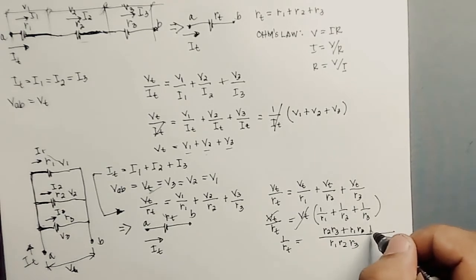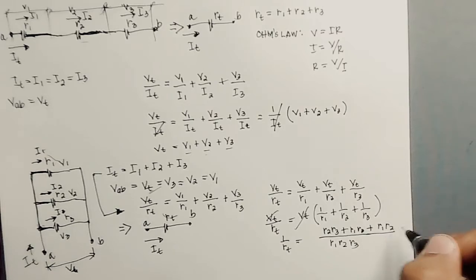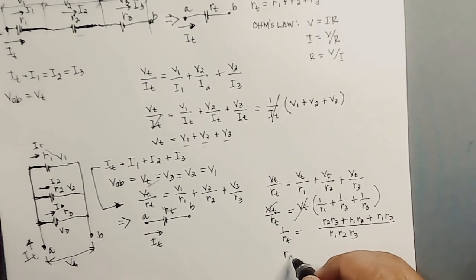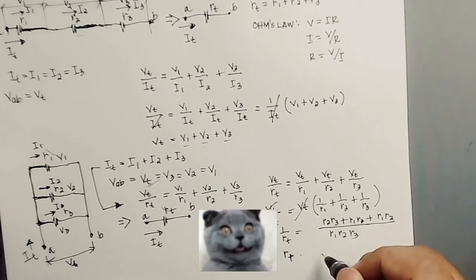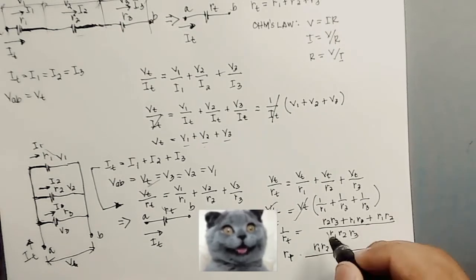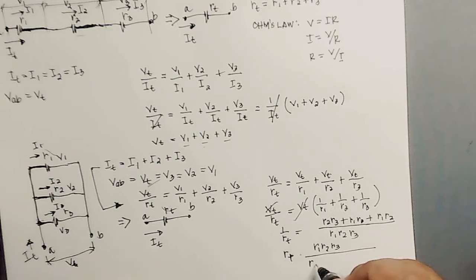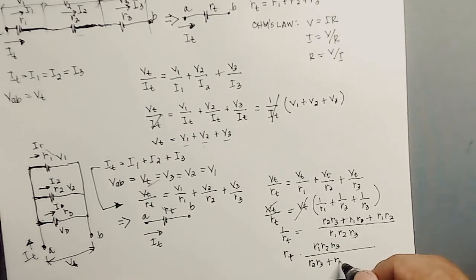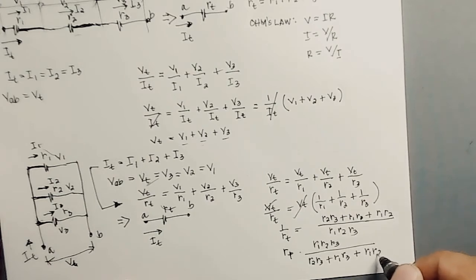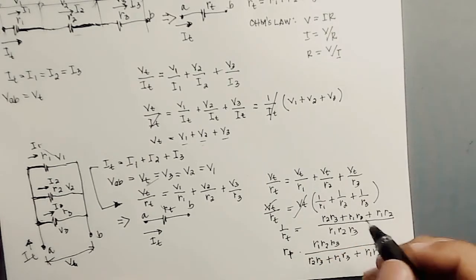And here, that will be R1 and R2. So therefore, we can rewrite this equation. R T, okay, cross multiply, so that will be R1, R2, R3 all over R2, R3, and just copying the numerator, it will now become the denominator. R3 plus R1 and R2. Okay, so this is it.